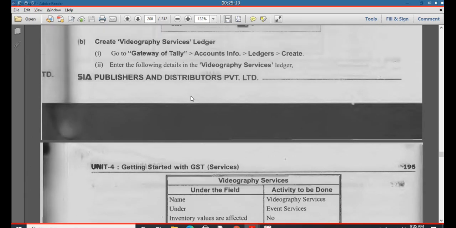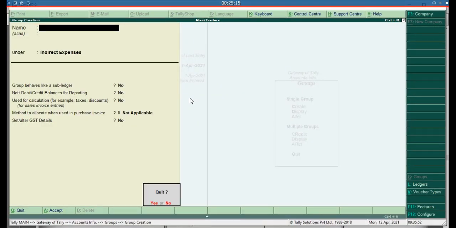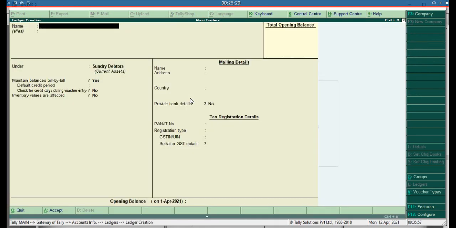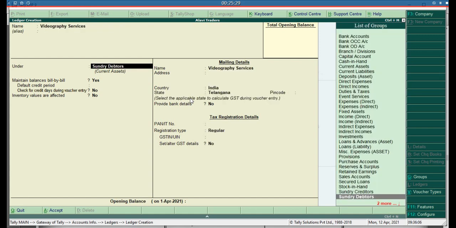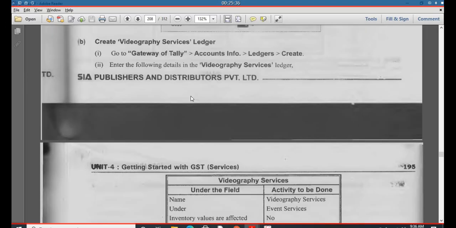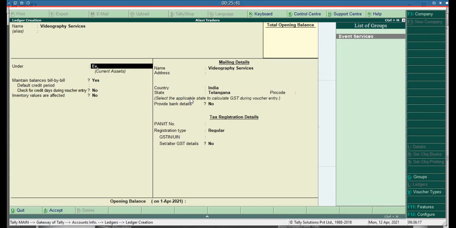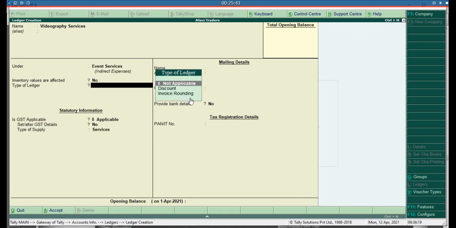So create the videography services ledger. Ledger, create: videography services, under the group we have created. What is the group created just now? Event services. So event services is the group applicable.